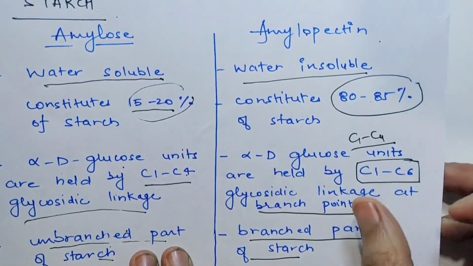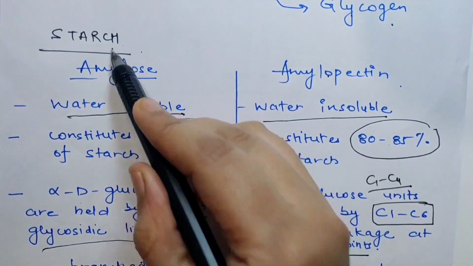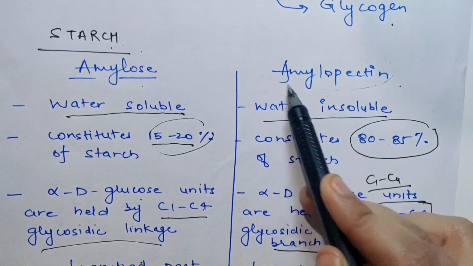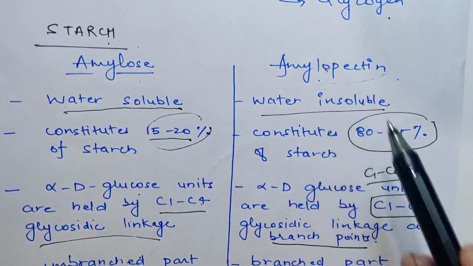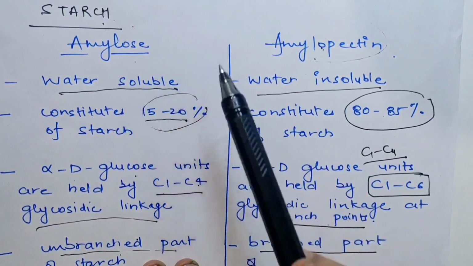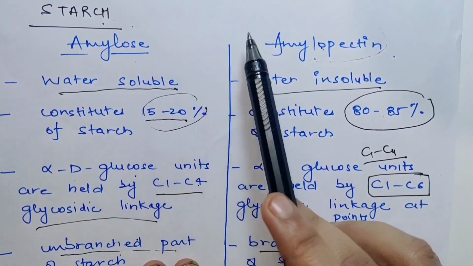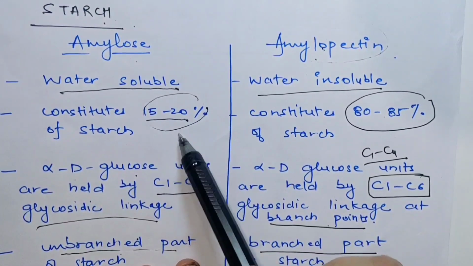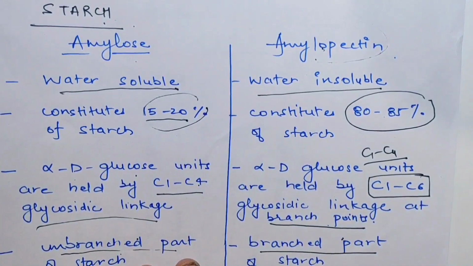So if you look at starch, starch has amylose and amylopectin. In that, amylopectin is the major part, 85% of it, which has branches. So starch overall is highly branched. It has a straight chain part also, but that's rather less as compared to the branched part.